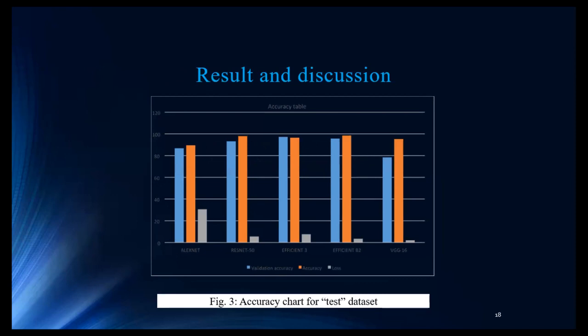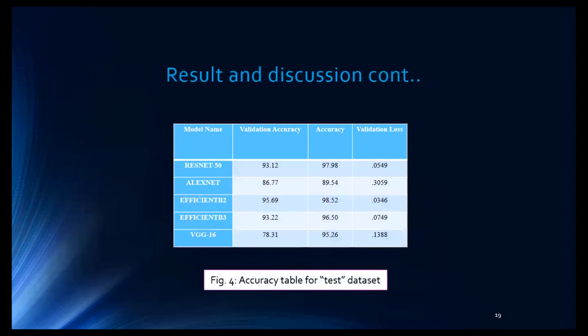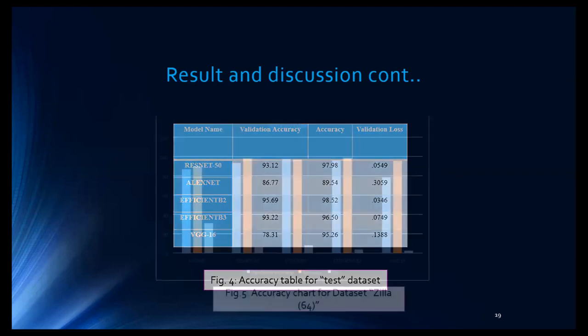Then results and discussion. This is the bar chart for training accuracy, validation accuracy, and error rate. If you see the validation accuracy, training accuracy, and validation loss for the 5 architectures for the test dataset, we can see that the best model is ResNet 50, and EfficientNet is giving good accuracy rate and also good validation loss rate.